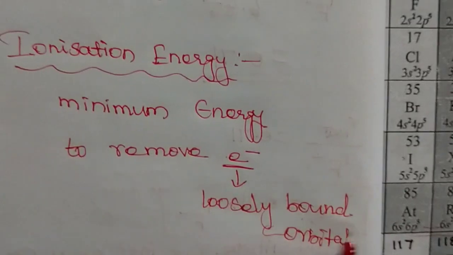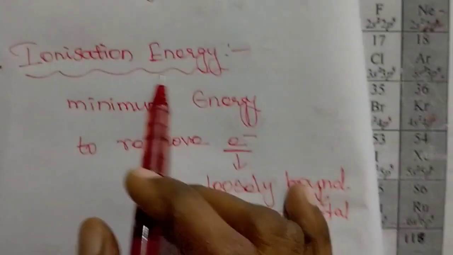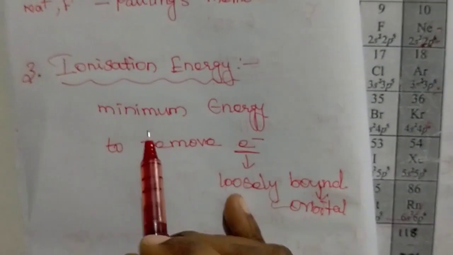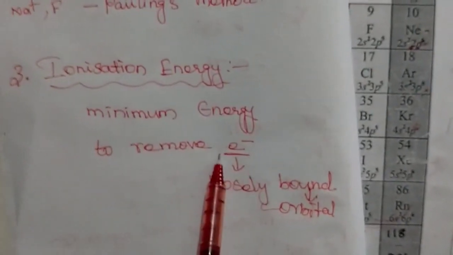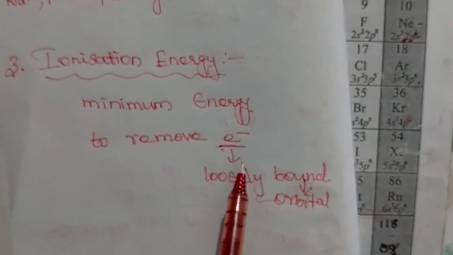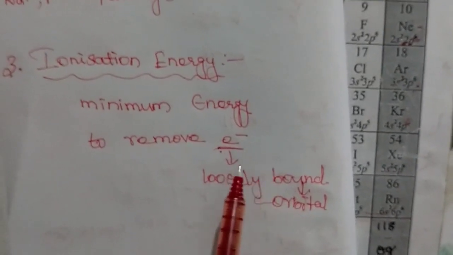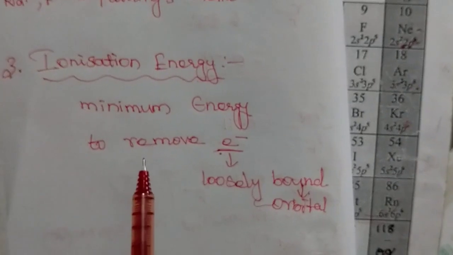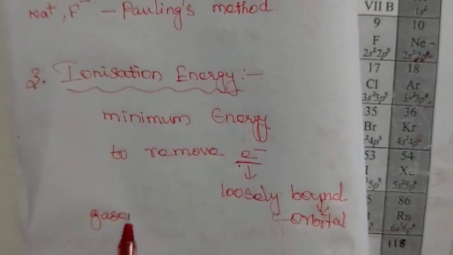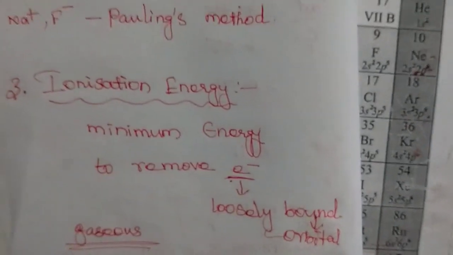So the definition of ionization energy is the minimum amount of energy required to remove the most loosely bound electron from the valence shell of an isolated neutral gaseous atom in its ground state.